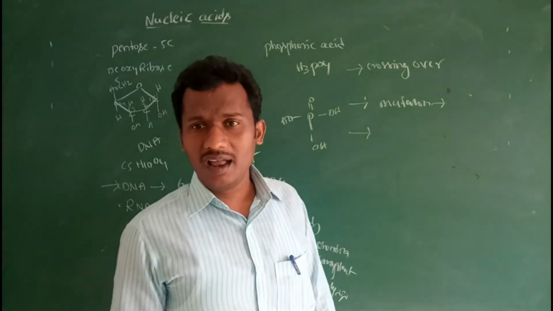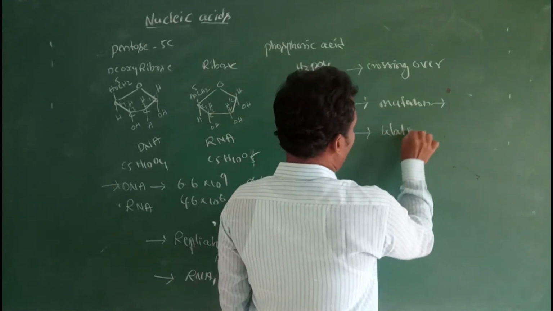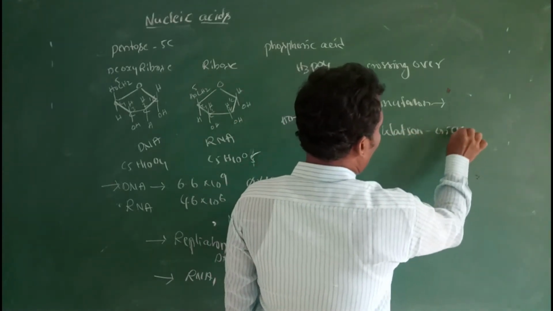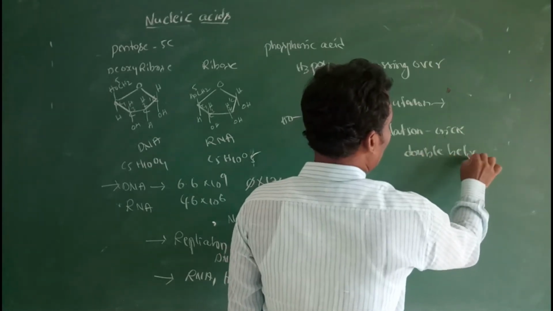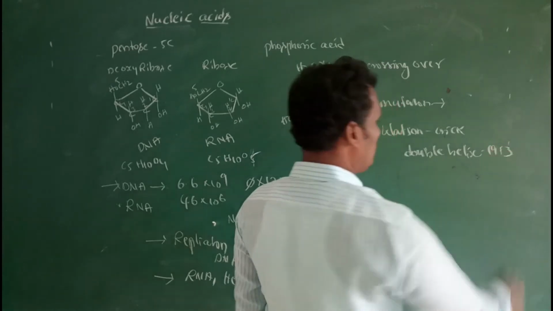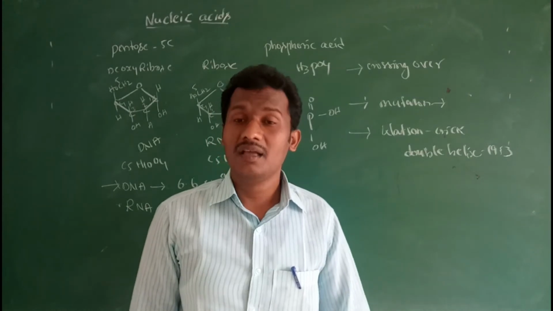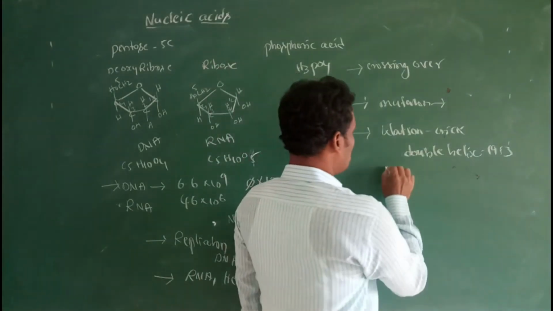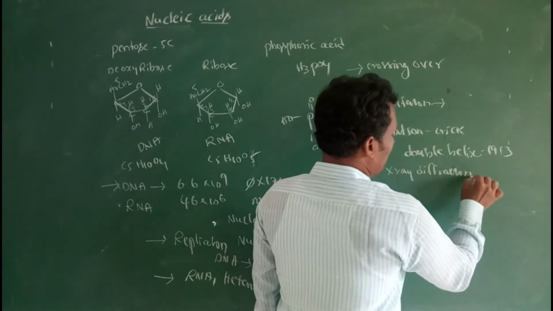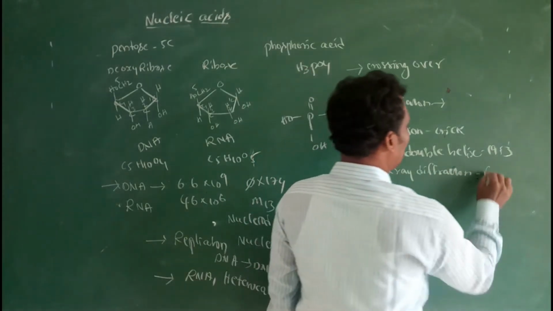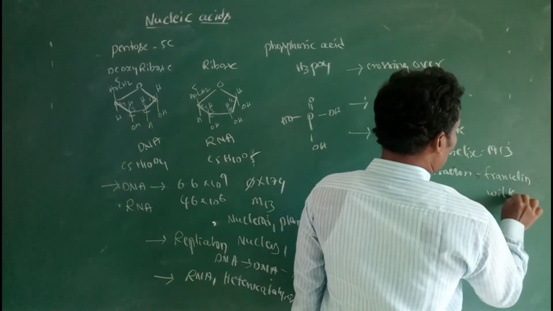The double helical structure of DNA was proposed by Watson and Crick in the year 1953, based on the X-ray diffraction studies of Franklin and Wilkins.